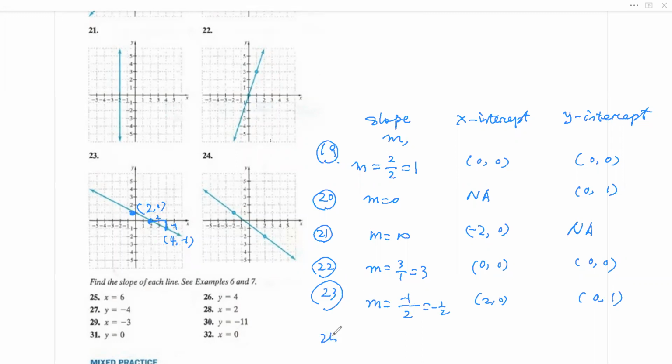Right. So let's go to 24. Let's see 24 here, the slope. Let's take 2 dots.